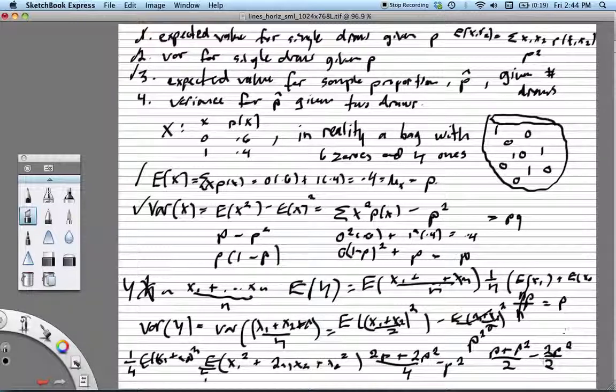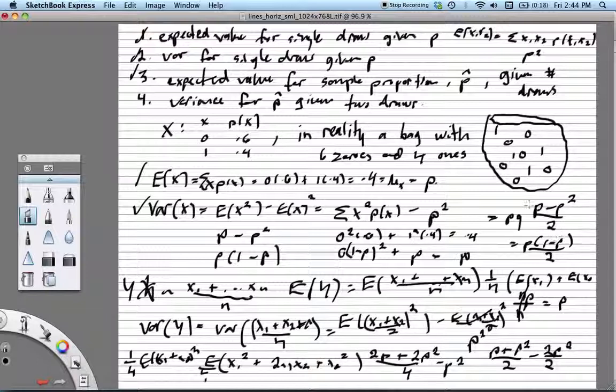And so what we're left with is, and this is the final answer, so we want to have a drum roll, please. What we get is p minus p squared over 2, which is equal to p times 1 minus p over 2.